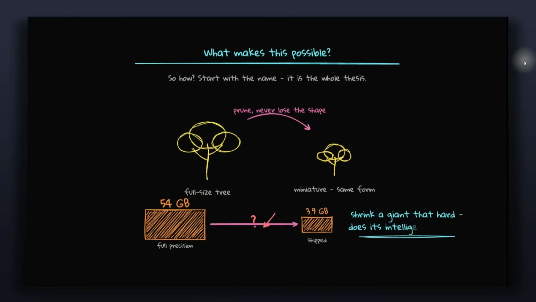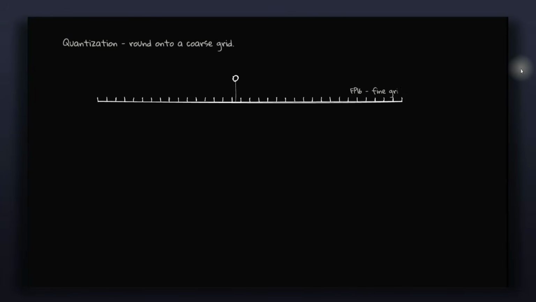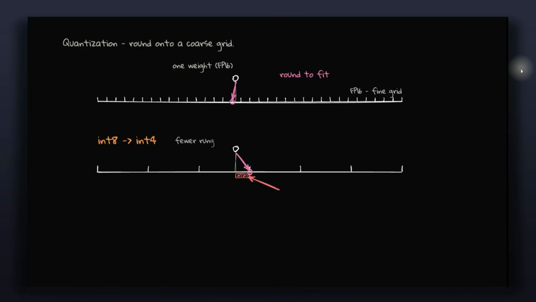Now, the first thing that comes to mind is quantization, and that's exactly what they did, but with a twist. Most of the smaller models these days are trained in full precision, say floating point 16-bit. This means you have a fine grid to represent different numbers, but that also means you will need a lot of memory to accommodate the weights.